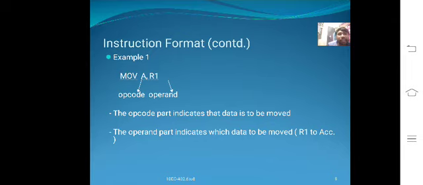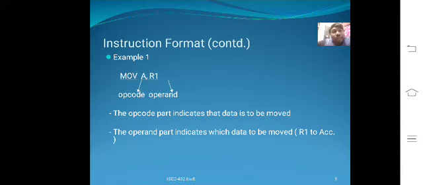That means if the R1 register has some value, for example 20, the value 20 is moved to the A register. That is the instruction given in example 1.